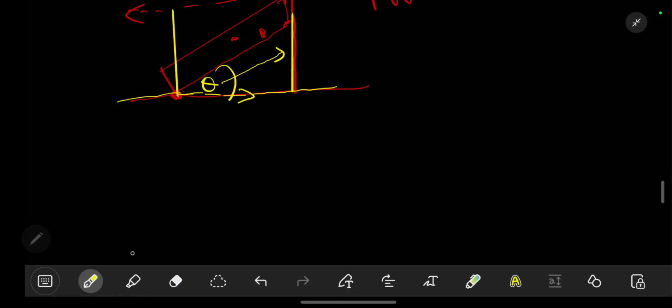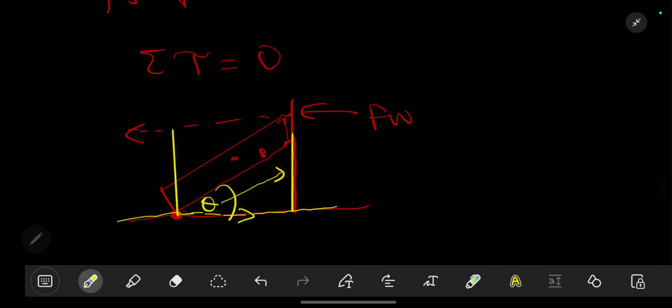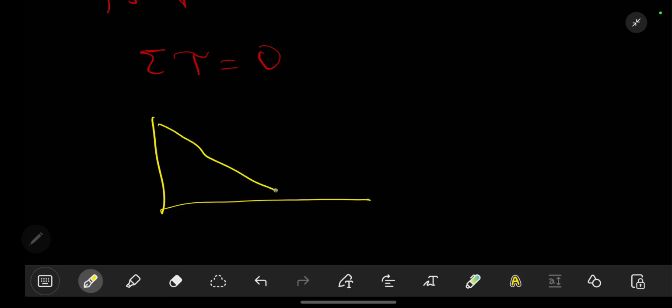Let's just draw the diagram the way it is, and it will still give the correct answer. So we extend. This one will produce a clockwise torque, which will be considered negative.